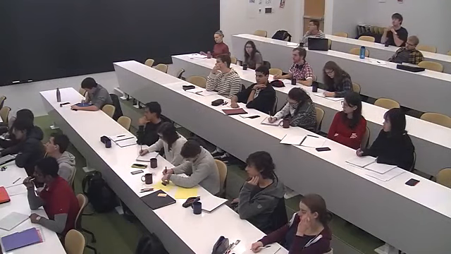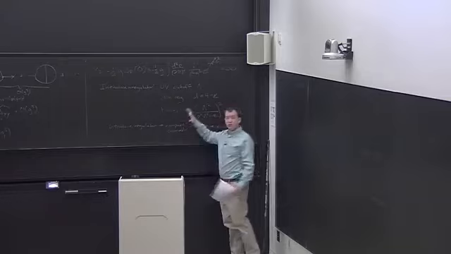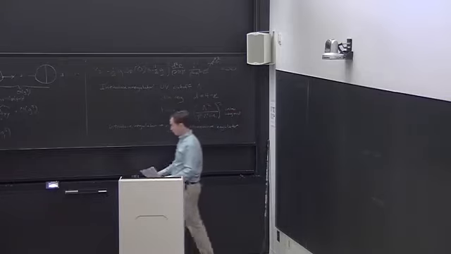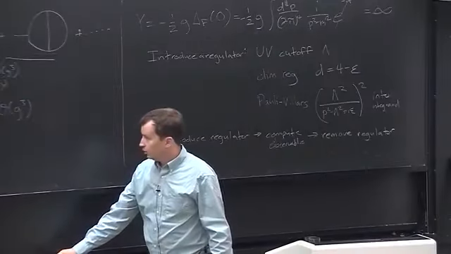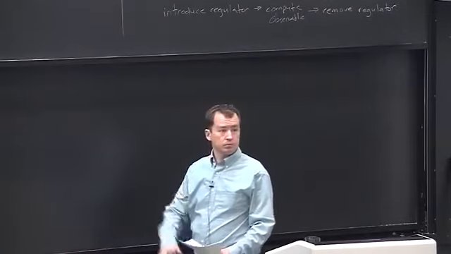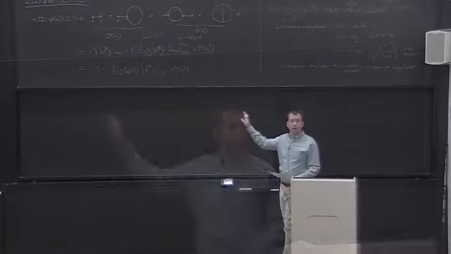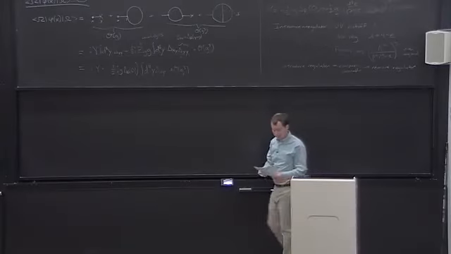For this particular counter term, there is a nice graphical way to see the effect of it. Let's look at some other diagrams to see what the effect of this counter term is.